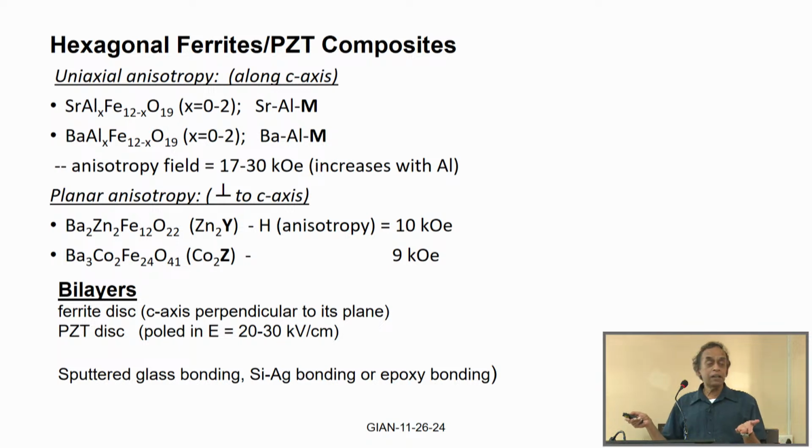So, this Y, M, Z, it refers to the specific crystallographic structure. You can just ignore it, but they are hexagonal ferrites, and depending on the structure, they have different direction for the magnetocrystalline anisotropy field.